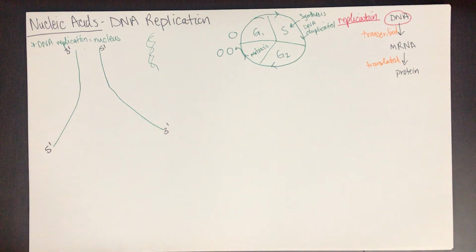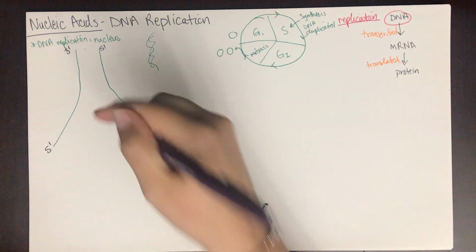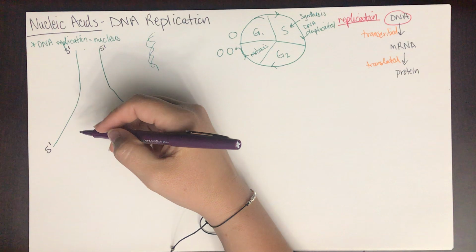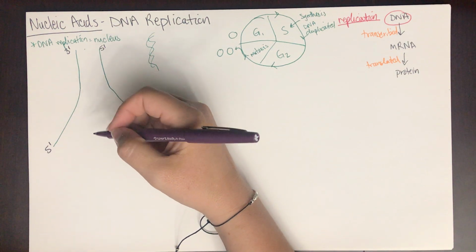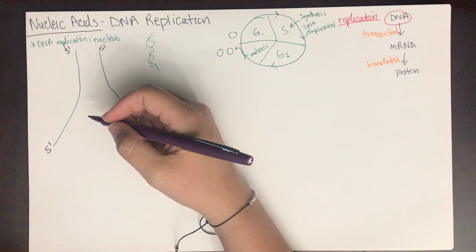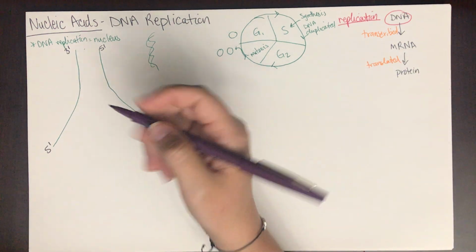So when this opens, we're adding new nucleotides. We're using this as a template, meaning we are going to do what's called semi-conservative replication.